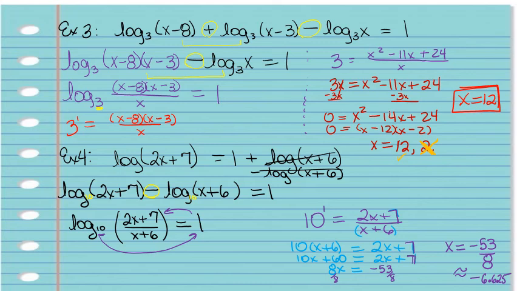And so I've got to check to see if this actually will work. And it will not. If I take this and I put it right there, I'm going to get a negative number. And I can't take the log of a negative. Answer is removed. This one is no solution.